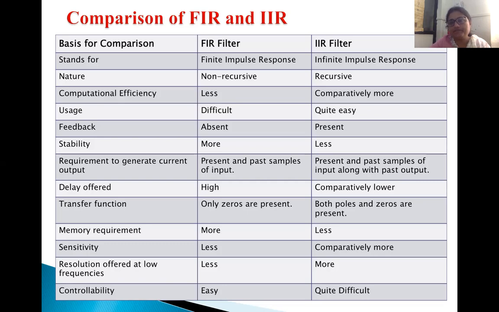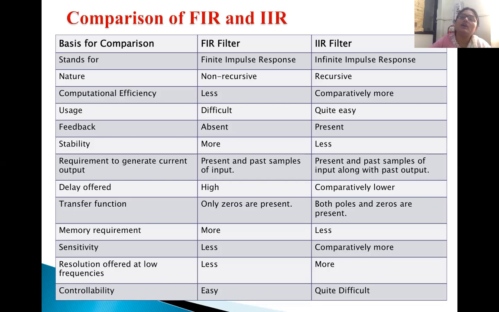Feedback mechanism: the FIR filter is non-recursive, so there is no feedback, it only depends upon present samples of the input and past samples of the input. So the feedback mechanism is absent in case of an FIR filter, whereas the feedback mechanism is present in case of an IIR filter.